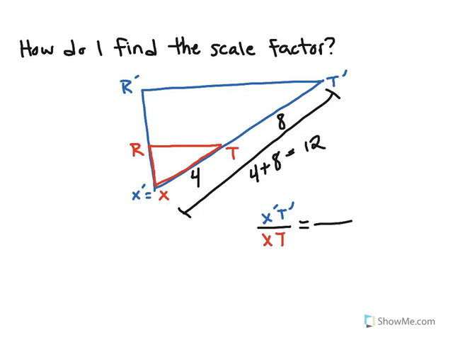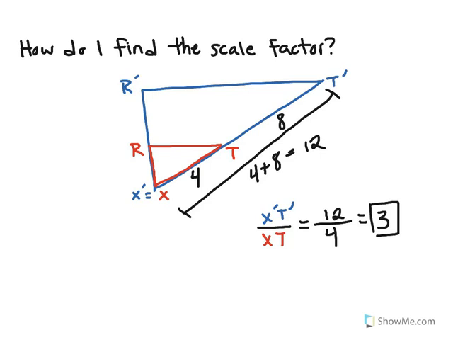Here, I just found out that X prime T prime has a length of 12 and XT has a length of 4. So what does this come out to be? The answer is 3. So the blue figure is 3 times as big as the red figure. That's how you do that.